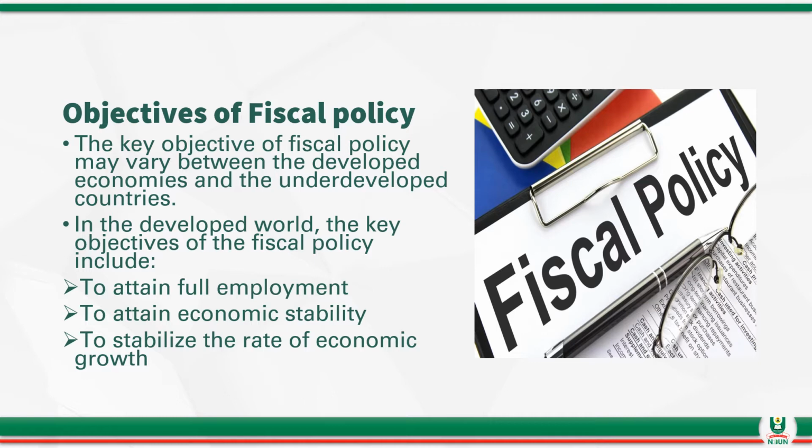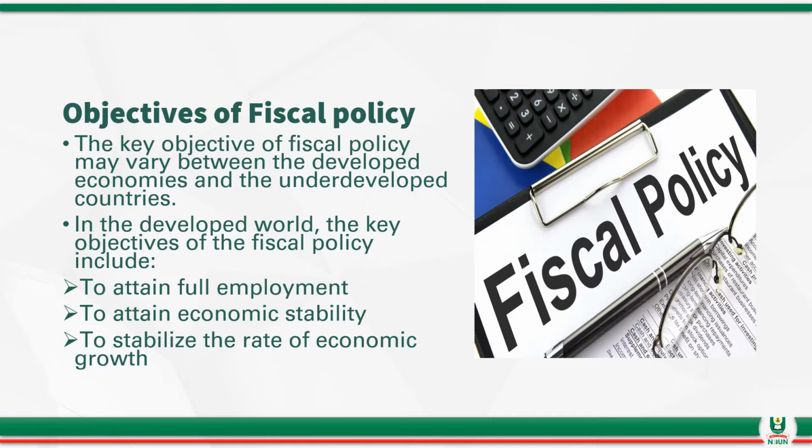Then number two is the attainment of economic stability. Economic stability here simply refers to the absence of excessive fluctuation in the macroeconomy. So fiscal policy promotes economic stability in the face of short-run international cyclical fluctuations.